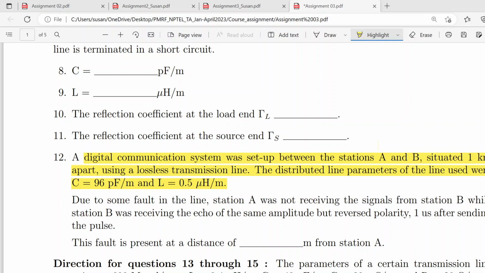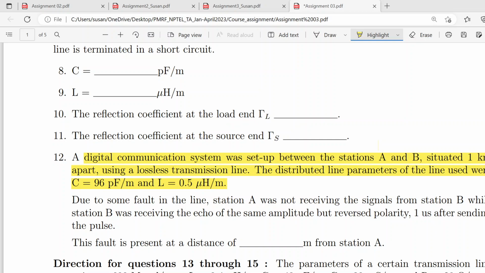So we have a station A and another station B. The distance between these two stations is 1 kilometer. There is a communication system between these two, and that is with a lossless transmission line. The line parameters are given to you, 96 picofarad per meter, and inductance is 0.5 microhenry per meter. So these are the parameters of this particular transmission line. Because it is a lossless transmission line, R and G both are 0.